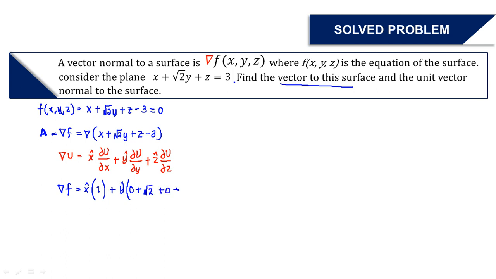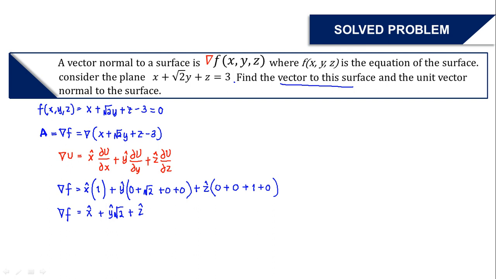Then plus 0 lang yan. Right? Plus z hat times the partial derivative ulit nitong equation natin na to. So 0 plus 0 plus 1 plus 0. Yan. So ang naiwan sa atin, del of f is equal to x hat plus y hat, the square root of 2, plus z hat.